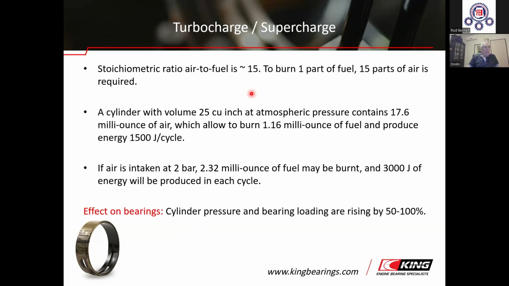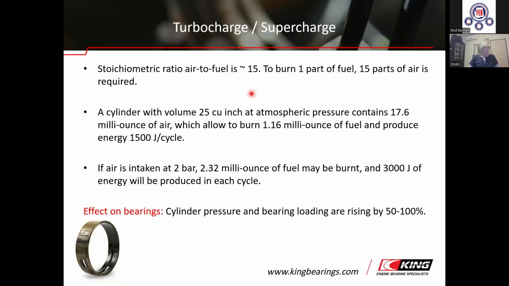In the internal combustion engine, the amount of air in the cylinder is determined by two factors. The first is the volume of the cylinder, and the second, the pressure of air entering the cylinder in the intake stroke. So the pressure is proportional to the number of molecules of oxygen which are required for the combustion process.